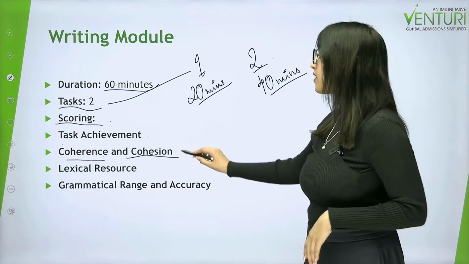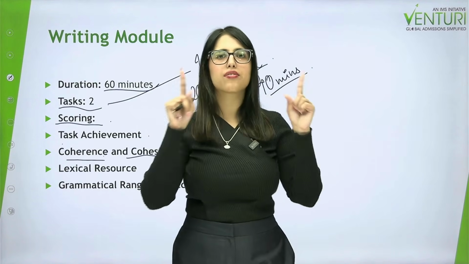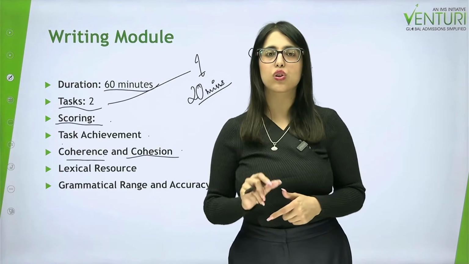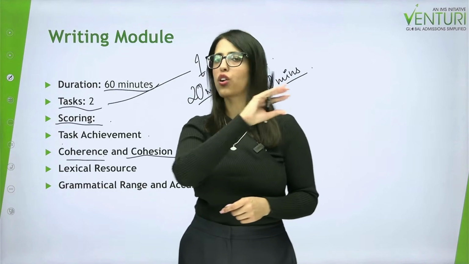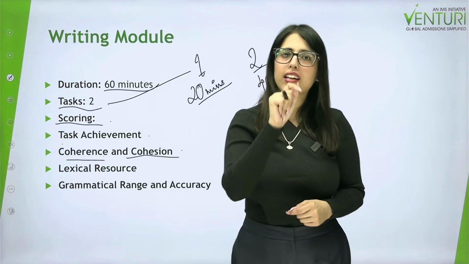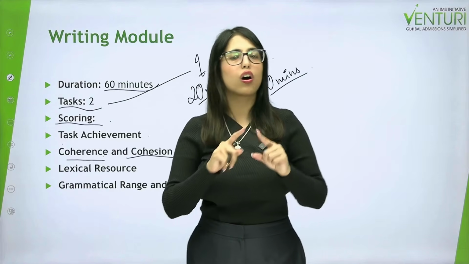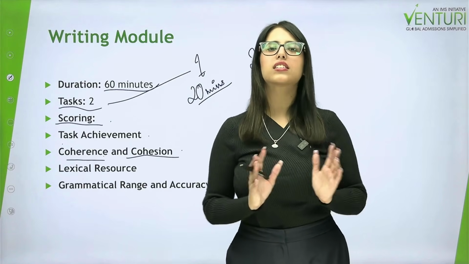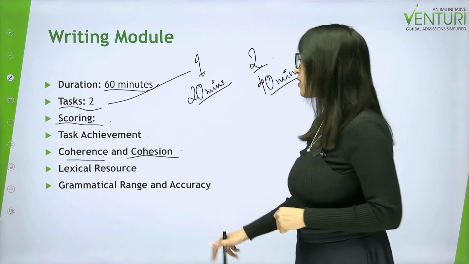The second thing here is cohesion. Whatever you have written, all of it should make sense as one whole. It should be in that kind of flow that on reading it as one thing, it makes sense all in all. So that is your cohesion.